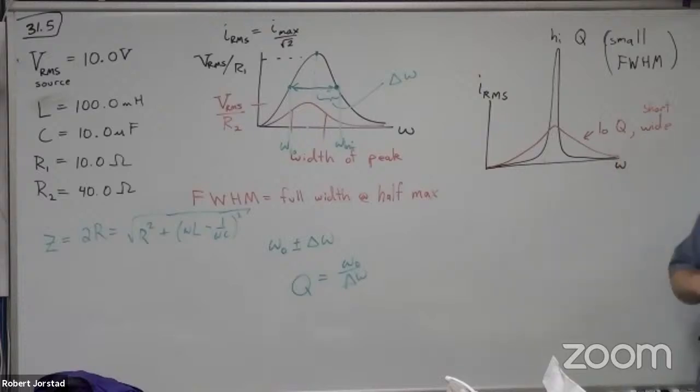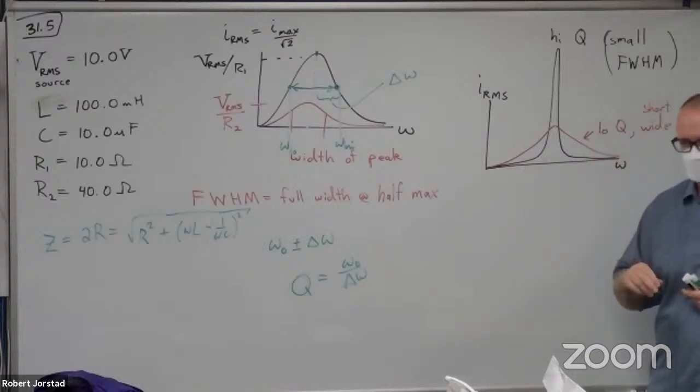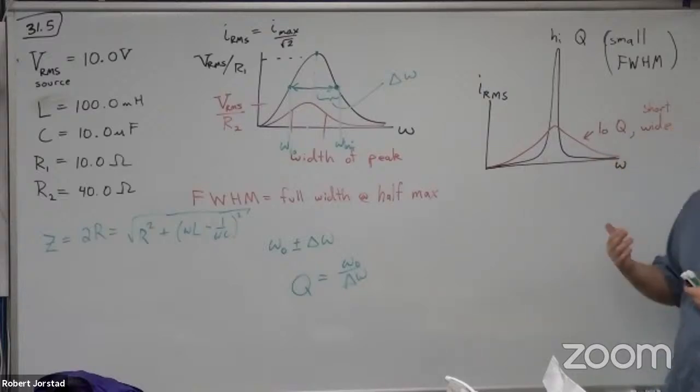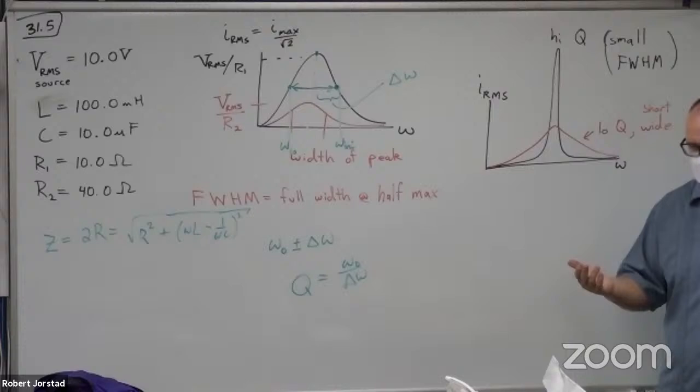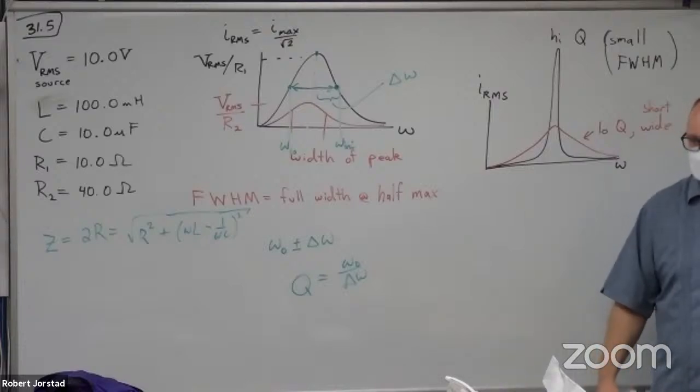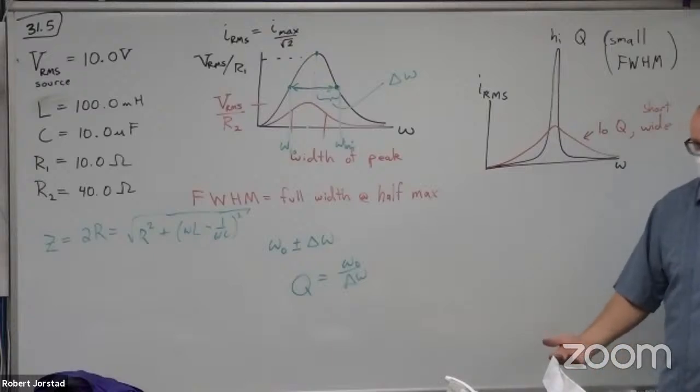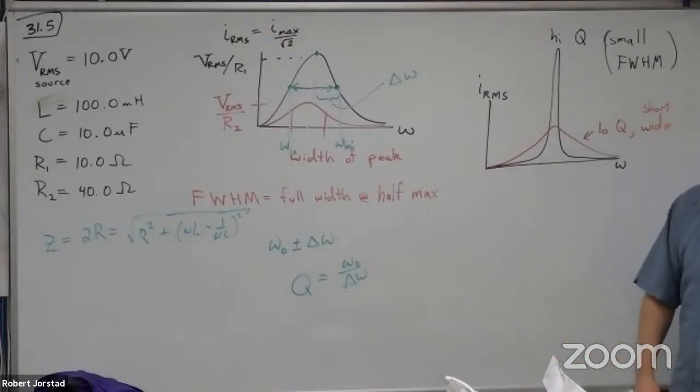Now the low Q circuit, right? The advantage of a low Q circuit is it's not that responsive to any general frequency. Let's say you're building a bridge and a large range of frequencies of earthquakes could occur and you don't want your bridge to collapse. You don't want your bridge to respond well.